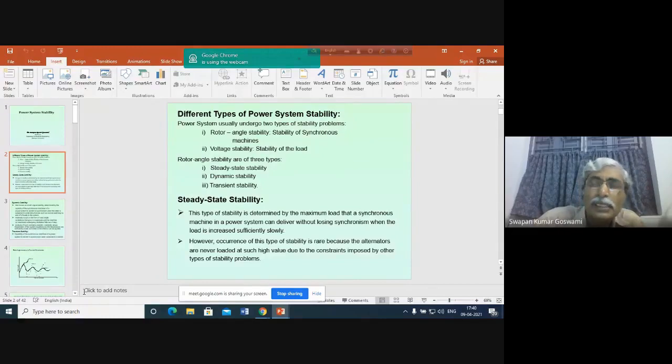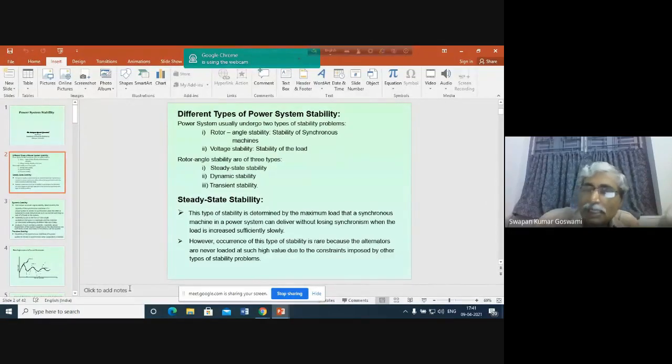It is not only the problem of maintaining the synchronous operation, because the stability of a system may also be lost because of the problem of voltage. Previously, it was identified that stability of the generator may be disturbed by the inability of the synchronous generator to maintain synchronism only.